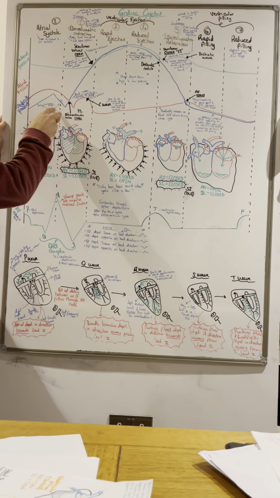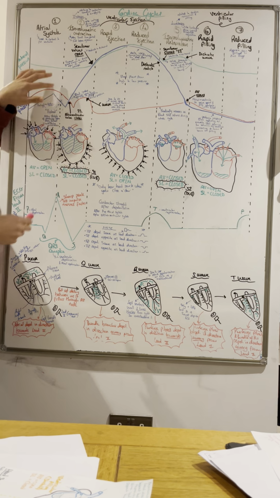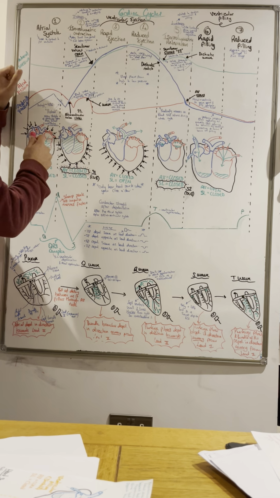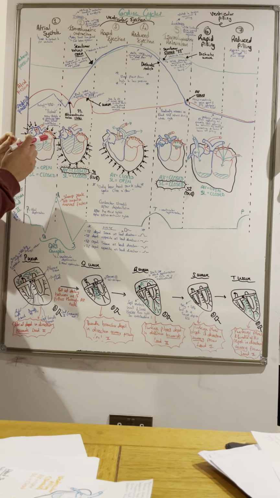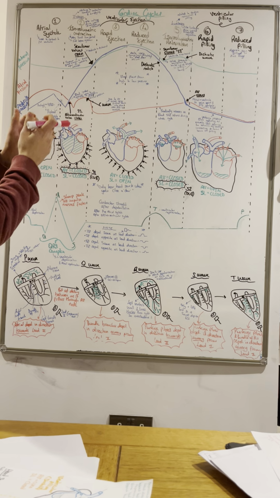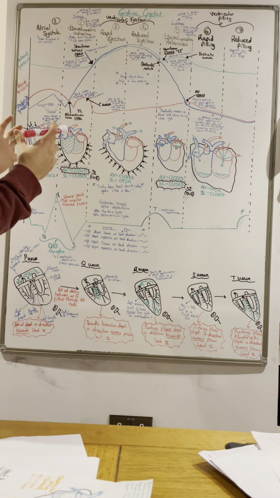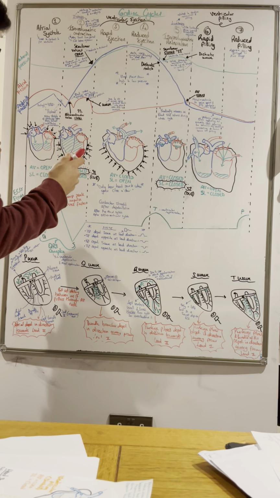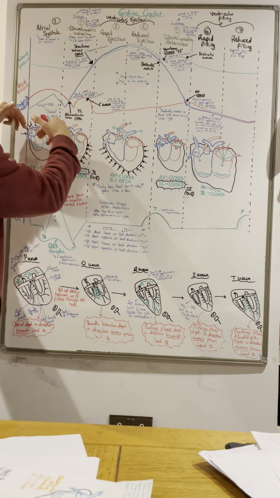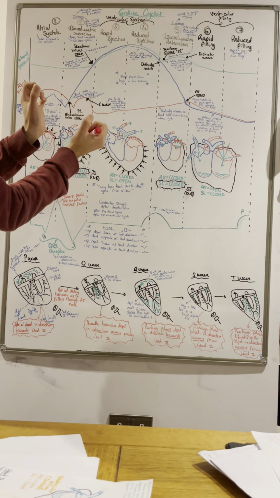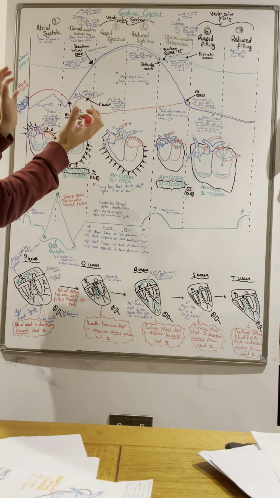Okay, at this point, or this general area, not really sure at what point generally, but this is preload. So the point at which the heart is at its maximum stretch is essentially what we call preload. As blood returns through the veins into the heart, it's stretching and stretching, and that's preload.